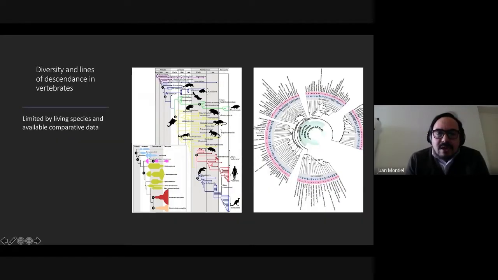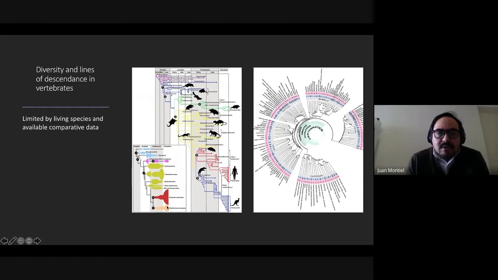We would like to know about evolution, in this case, in a cladogram from different lineages of mammals. But during the evolution of mammals, we can see that many mammals disappeared, like here in the light blue color, and we have some living species that are representative.